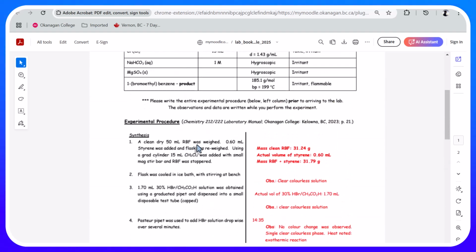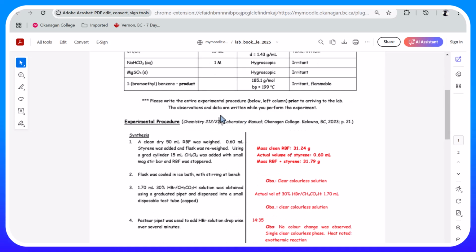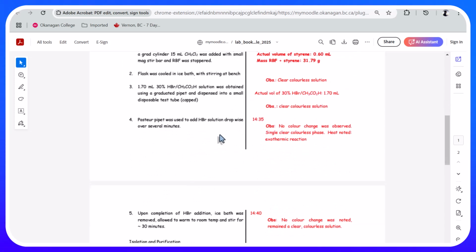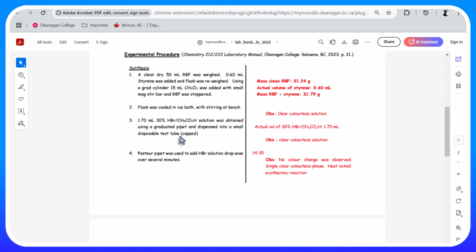And so what I've done is I've taken out the fact that I'm asking you to do a summary procedure, and I'm asking you simply to prepare the experimental procedure on the left-hand side before coming to the lab.